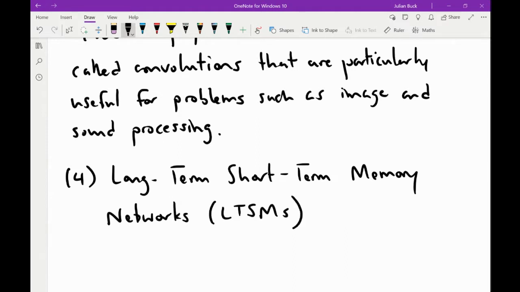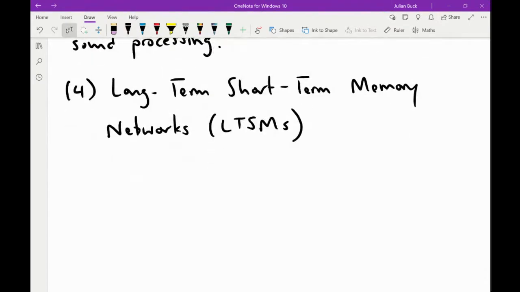I'm not going to write anything about these, but essentially the idea is, as the name suggests, the network has both long-term memory and short-term memory. So information that it's learning, some of it is held on for longer, and some of it is discarded more quickly. And the idea, again, is to mimic how the brain has both long-term and short-term memory. That's the motivation behind it.